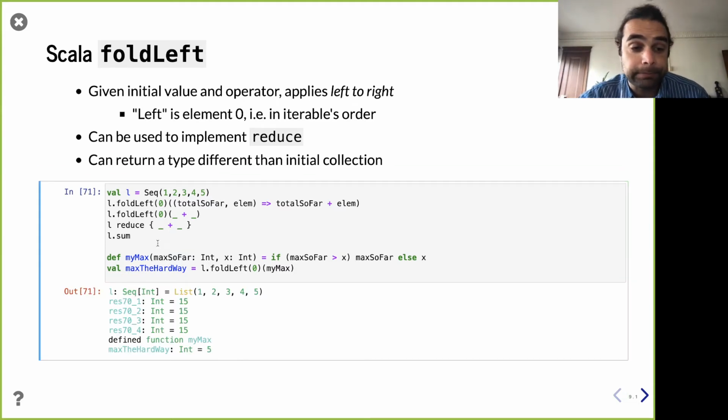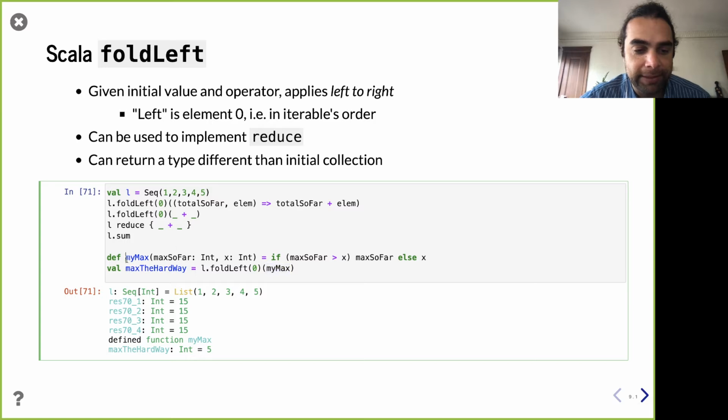Okay, and then what about instead of summing? What if I want to do a max, for example? If I want to implement max, I can define a function, max so far and x, and either return one of these two things. Then I can apply this function.